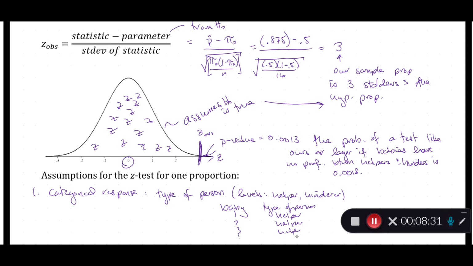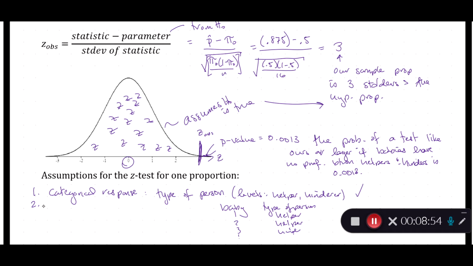The variable itself is how I would label the column. And in this case, I would label the column type of person. And that is a categorical response, and I have satisfied that. So now I can talk about the proportion of entries that are the helper. If I don't have a categorical response, I can't talk about proportions.